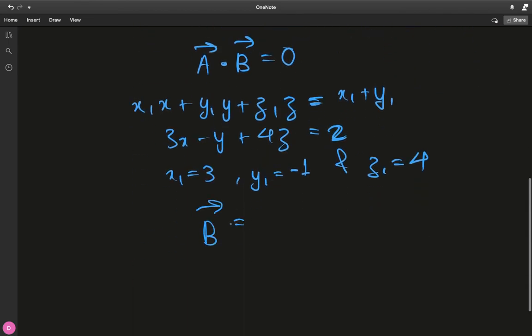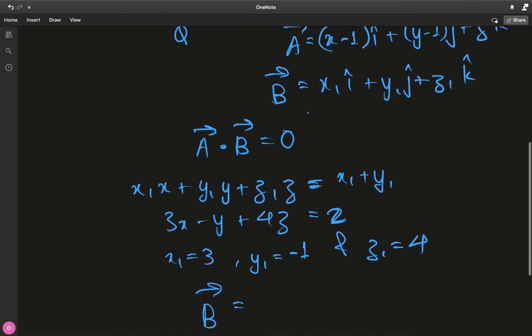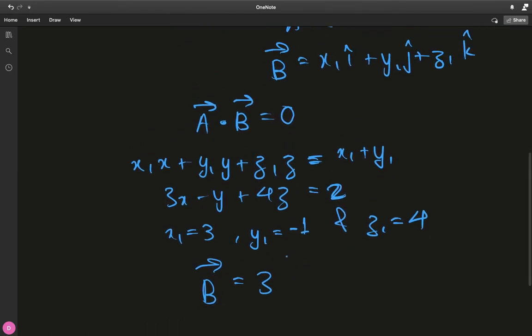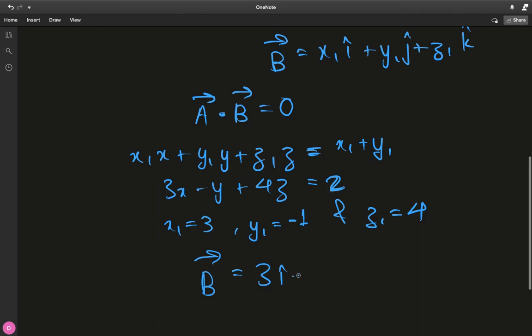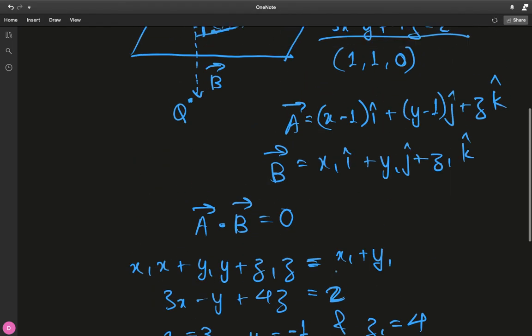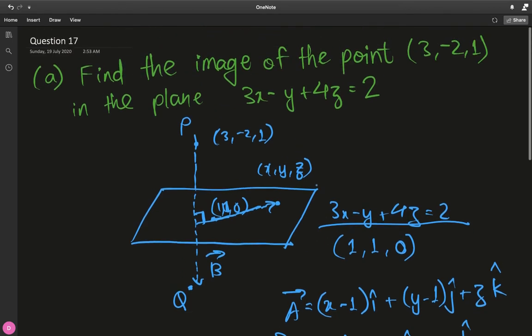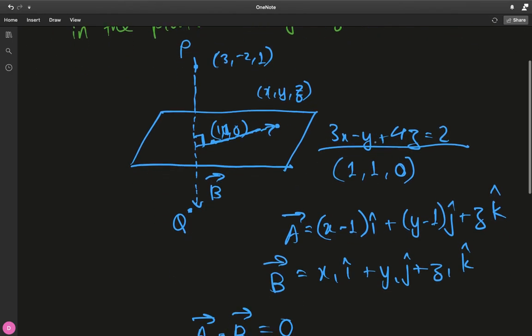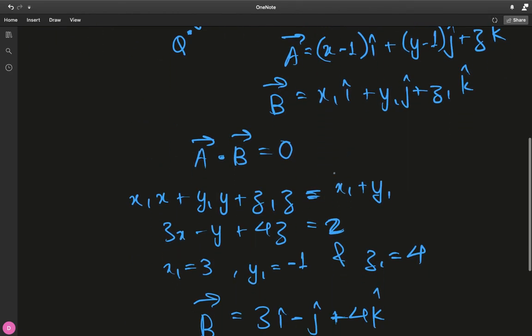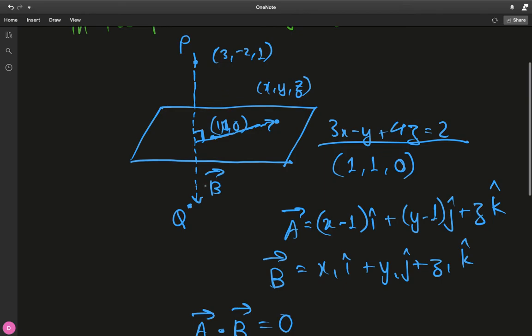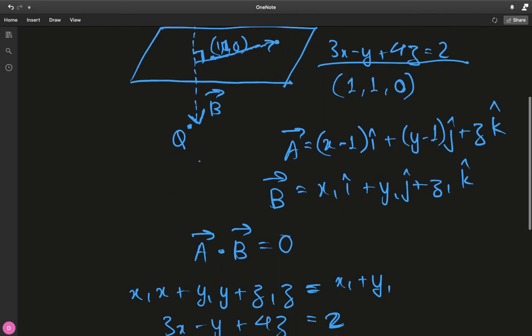If you substitute everything in b bar, you get 3 i cap minus j cap plus 4 k cap. So what I did is I tried to reconstruct the expression from which we find the equation of the plane, and then compared it to the given equation of the plane, and that helped us find a vector that is perpendicular to the plane, as to say.